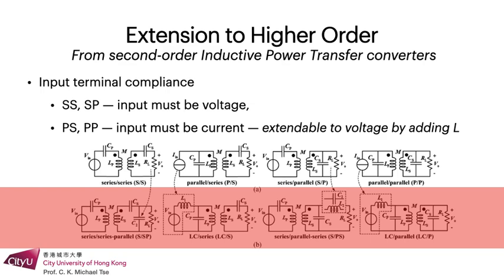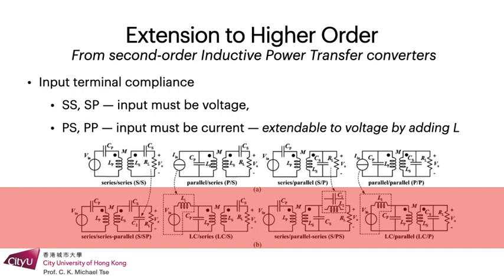If we focus on the input terminal being a voltage, then for PS and PP, which are fundamentally current, we can convert it to voltage by adding an inductor like the one shown here. So for the current source, we are able to convert it to a voltage behind an inductor.